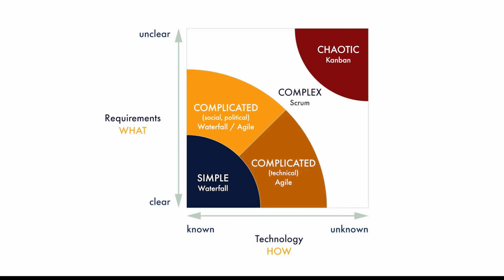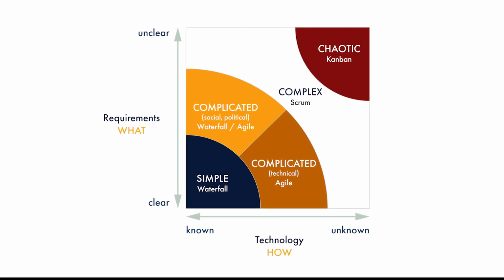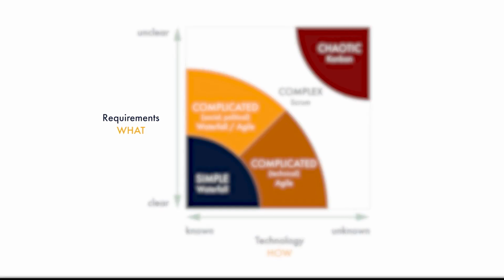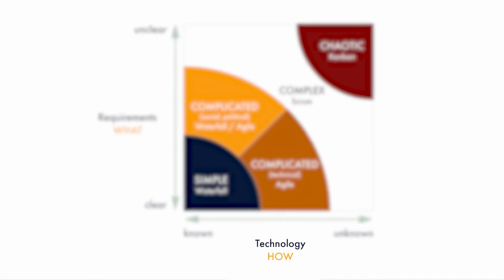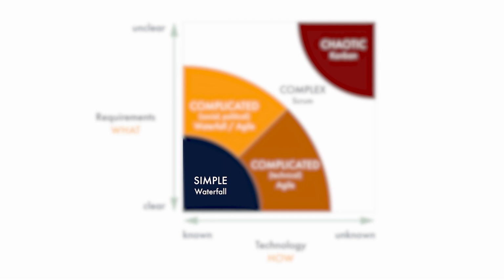Okay, so the Stacey Matrix. What you can see now on screen is the visual of what the Stacey Matrix is. On one side we've got the what, so what it is we're trying to deliver or achieve. And on the bottom you can see the how, which is how we go about doing it and how we think we're going to achieve the things we're setting out to. In the bottom left-hand corner, it's about the simple things, where we know what we're doing and how we're going to get there.